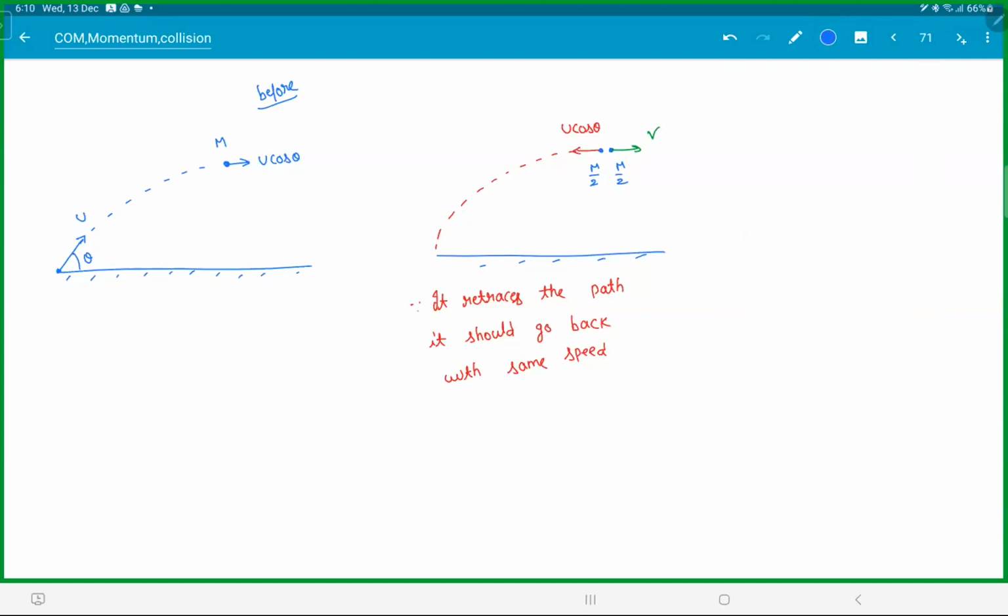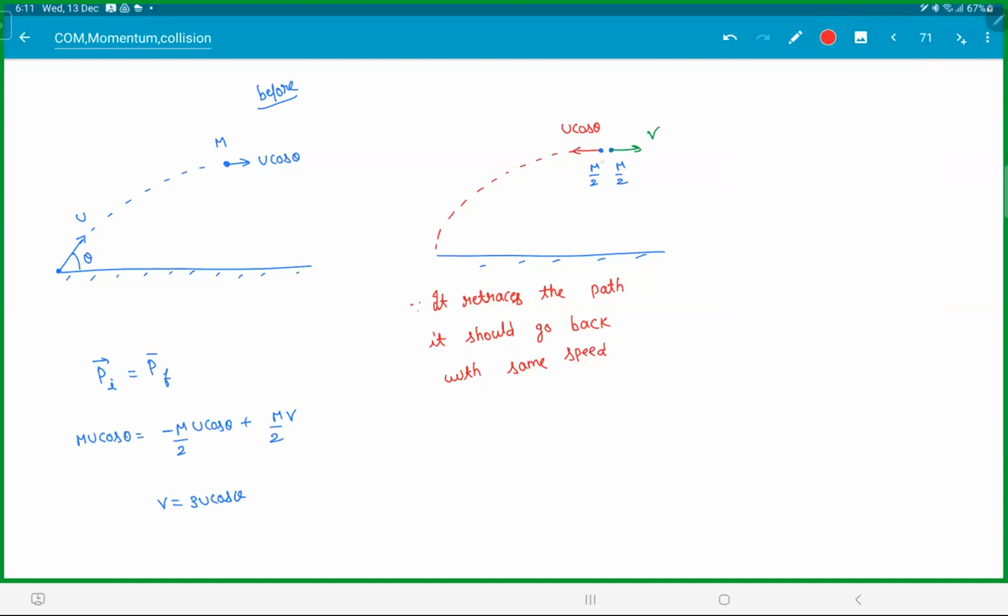Since explosion is internal forces, initial momentum is equal to final momentum. Initial momentum is m u cos theta. This will be minus m/2 u cos theta, and this will be m/2 v. So v will be 3u cos theta. You'll understand why this idea is important.